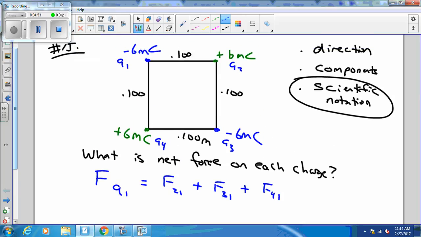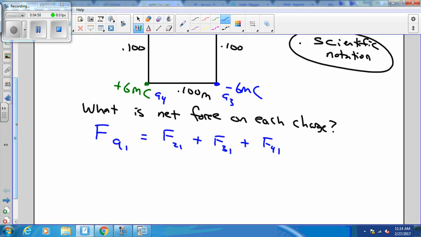Now, let's consider each one of these separately. The force from Q2 onto 1, in terms of magnitude, is going to be K times Q1 times Q2 over R squared. Okay.